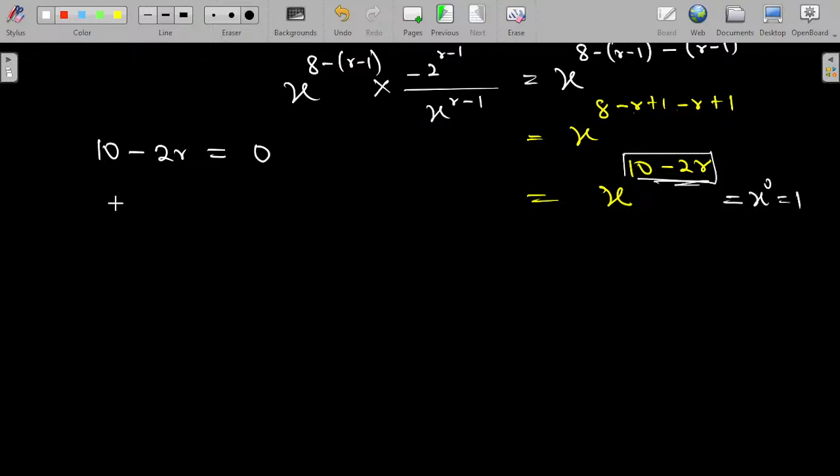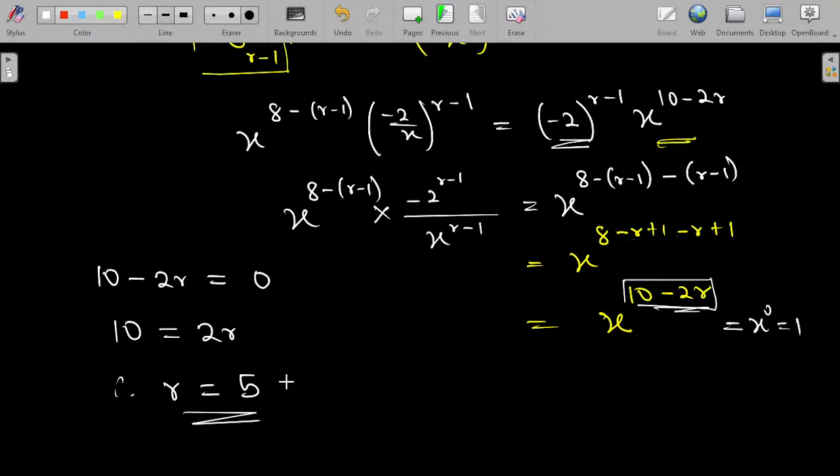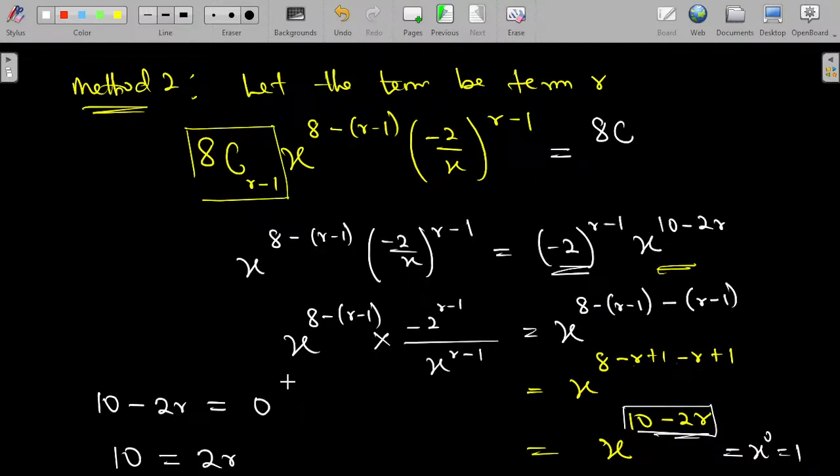And so immediately you can have 10 is equal to 2r if you bring this over here. And if you divide both sides by 2, you are going to get that your r is equal to 5. And that is the one that when you substitute here will give you exactly what we got earlier on. If my r is 5, then 5 minus 1 will be 4.